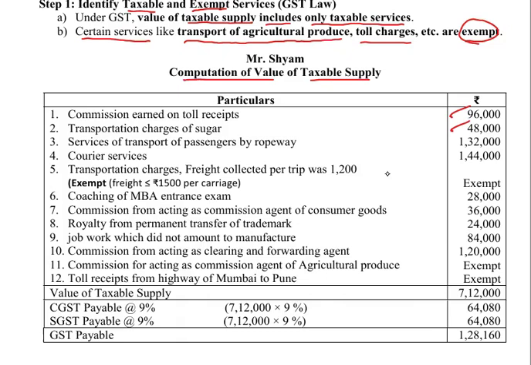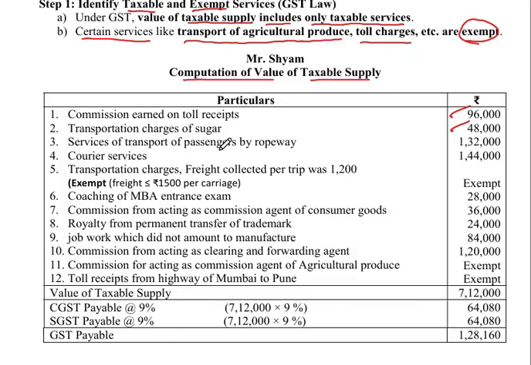As far as we are concerned, we will not consider this as agriculture produce, because sugar cane is agriculture produce, but sugar is manufactured from the sugar cane. So sugar is not considered as agriculture produce, so we will take it as taxable supply. Okay, in certain questions it might be non-taxable, depending upon what assumption is made.